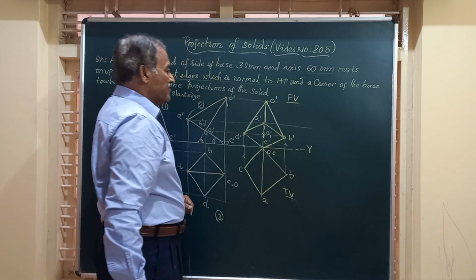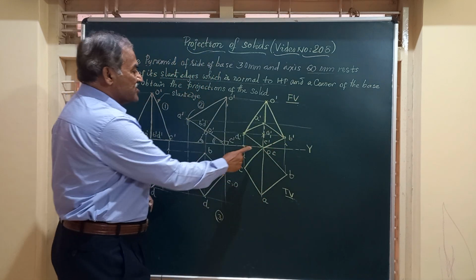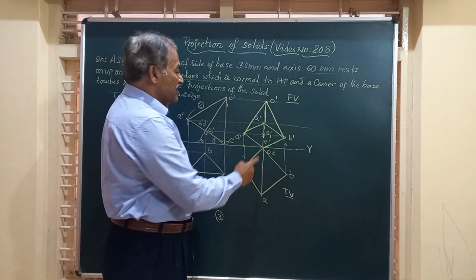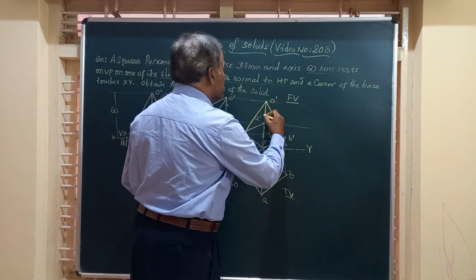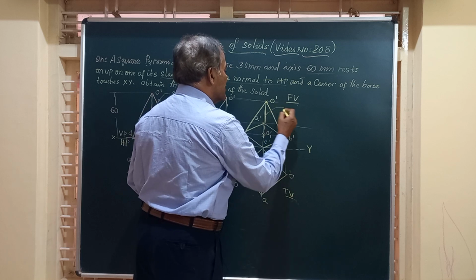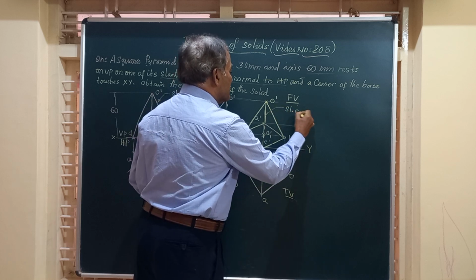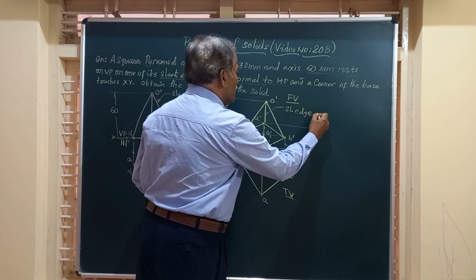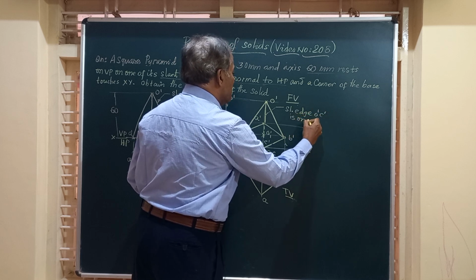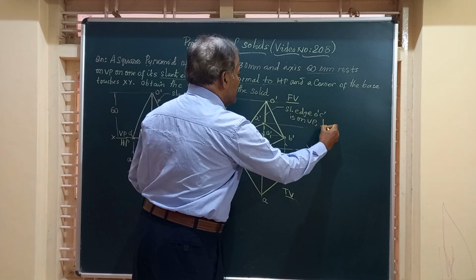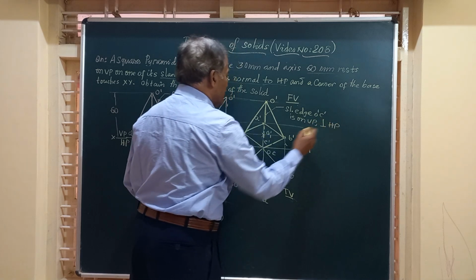And you can see here, friends, corner C of the base is on HP. The slant edge O dash C dash is on VP, perpendicular to HP. How do you say it is perpendicular?